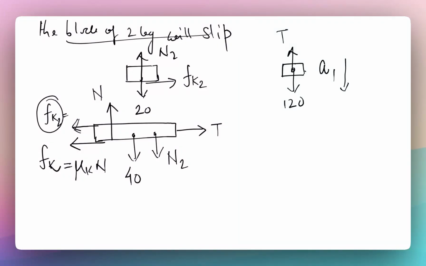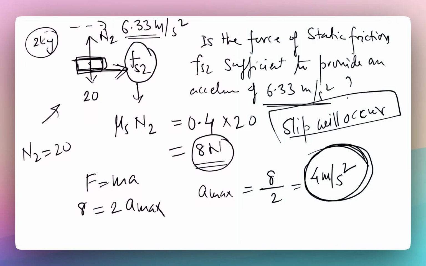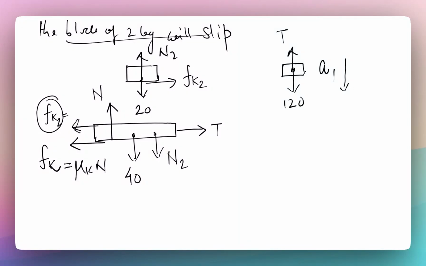Because of this, it will accelerate towards the right, which is not going to be as much as 4 meters per second squared because the kinetic friction is going to be less. Now, of course, the 12 kg block and the 4 kg block will move with the same acceleration. So this will have acceleration A1, and this one will have an acceleration A2.